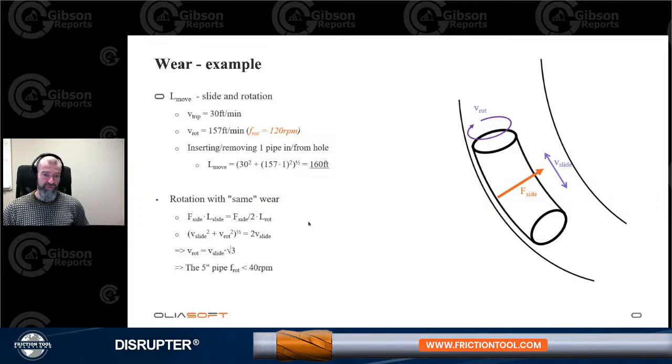So of course, if you want to, you can do a little exercise and try to see, okay, if you're just rotating, how much slower would I have to rotate if the wear caused by only rotation were to be the same as the one caused by only sliding? You would have to reduce the rotation velocity down to 40 RPM.